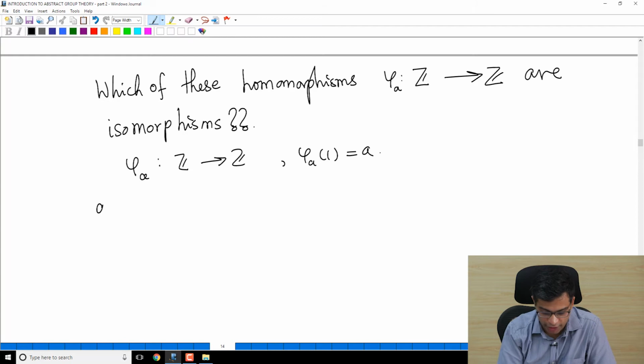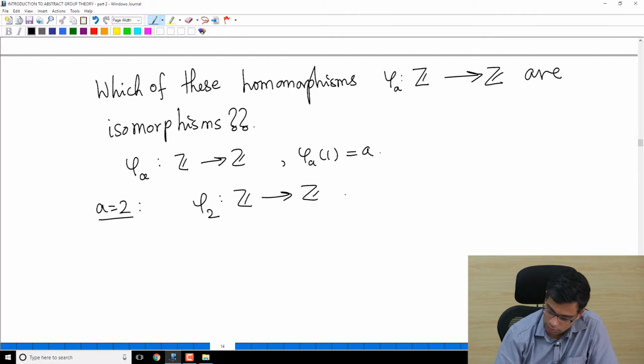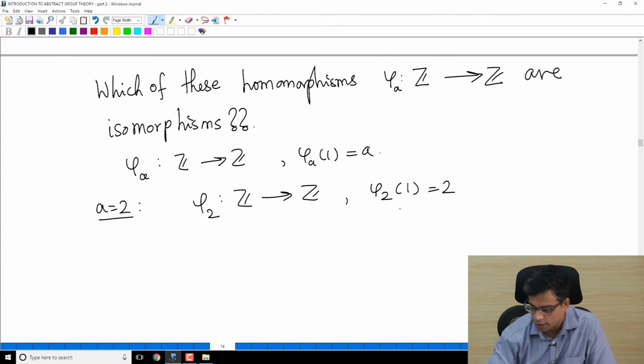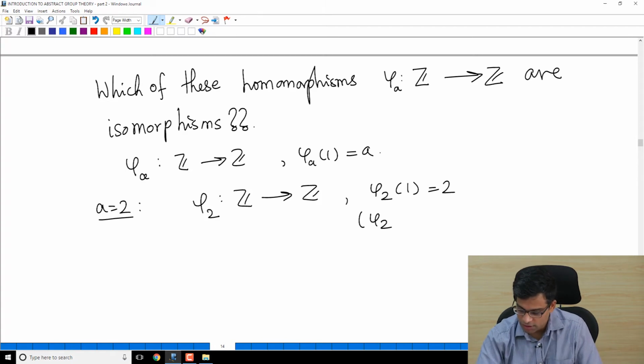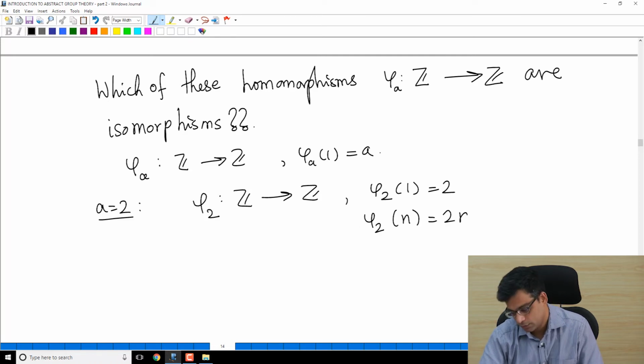So for example, if you take A to be 2, what is phi 2 from Z to Z? It sends 1 to 2 and so on, right? It sends 2 to 4 because phi of 2 must be phi of 1 plus phi of 1. So phi of n in general is simply 2n.